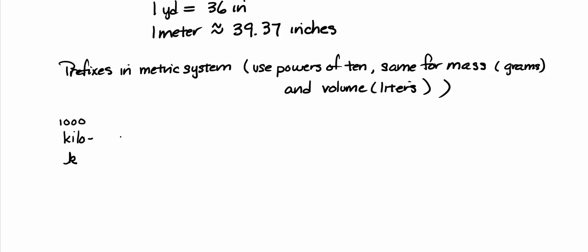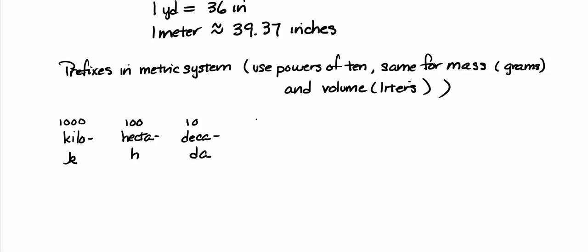Then we have the hecta, and that's 100 times the base, and we use H. Then we have the deca, which is 10 times, and we use DA for that.